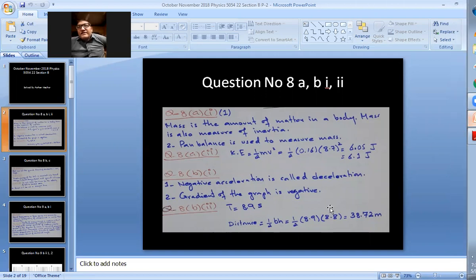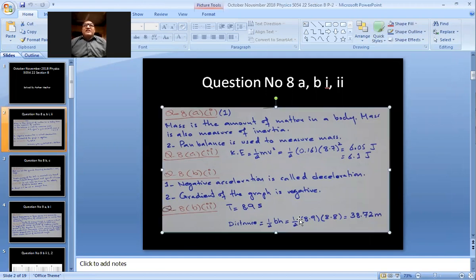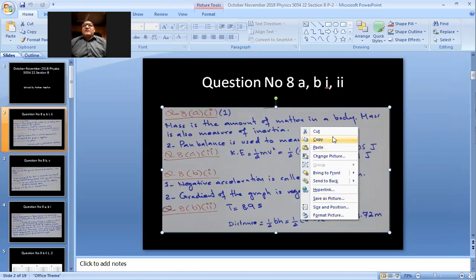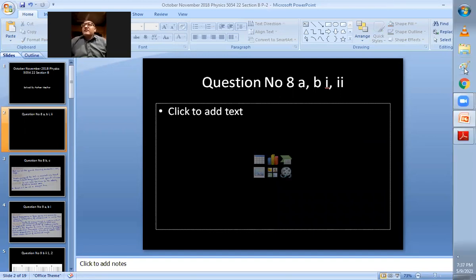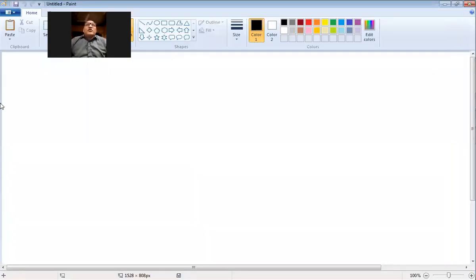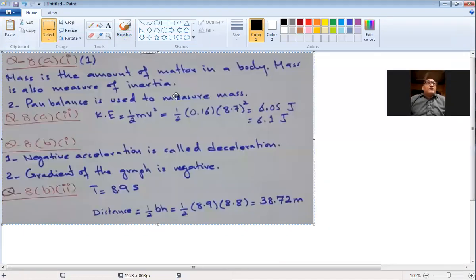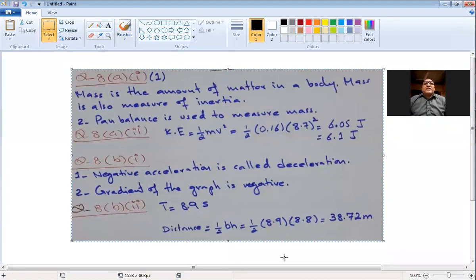Oh, there is a problem. I said 38.72. So there is a problem with the decimals. Yeah, I got the problem. By mistake, let me correct it. Let me show you how I make the correction.